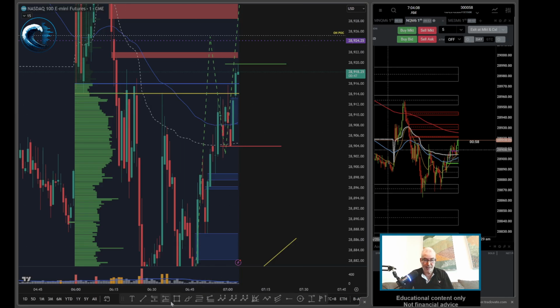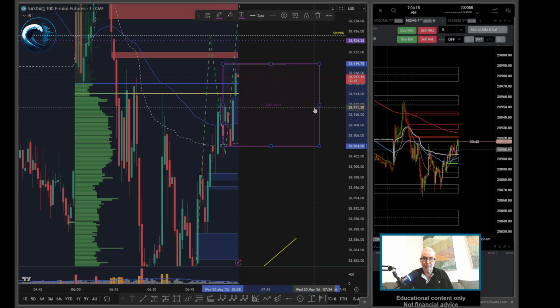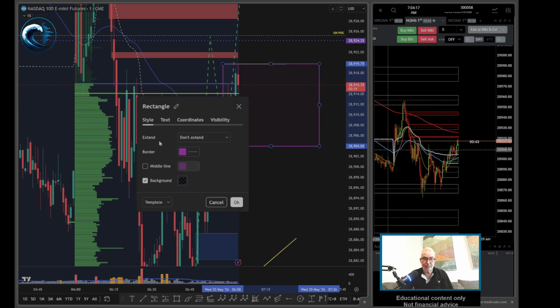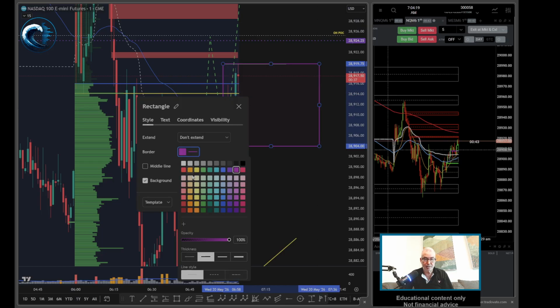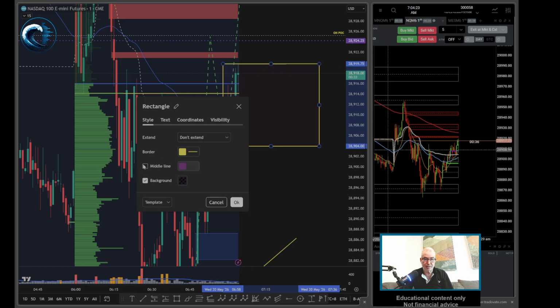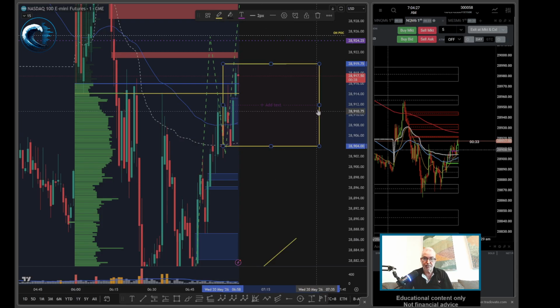Or the other way is, once it's done, to draw a box. That's an ugly box. Right, draw a box. And then do a middle line. That's something that does it all for you actually.